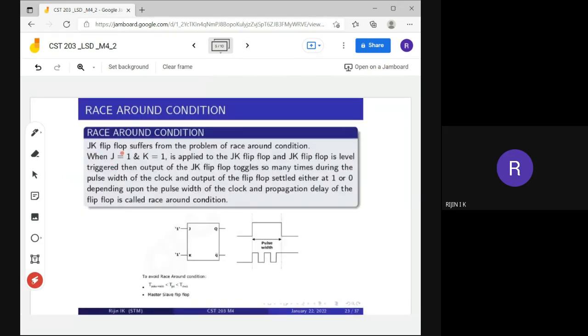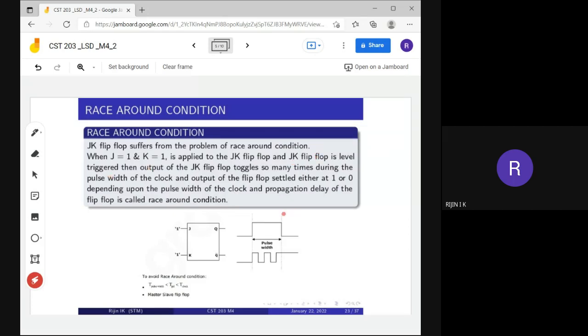This is the race around condition: the JK flip-flop has J equal to 1 and K equal to 1 applied, and the JK flip-flop is level triggered, as we have assumed.